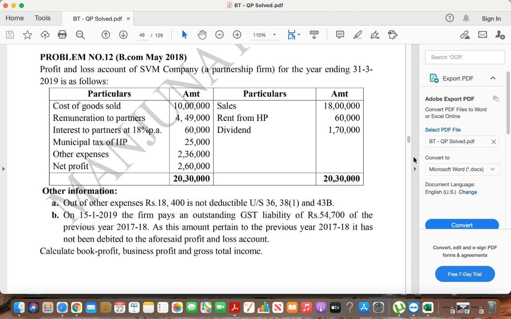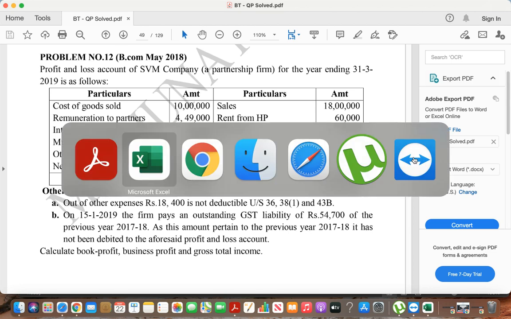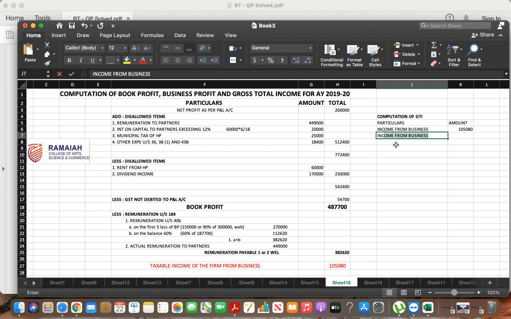Sales, that has been included. Rent from house property. So income from house property. Regarding this, we have an adjustment, 60,000 minus, and in the question they have given municipal tax, correct? So municipal tax is relating to house property.